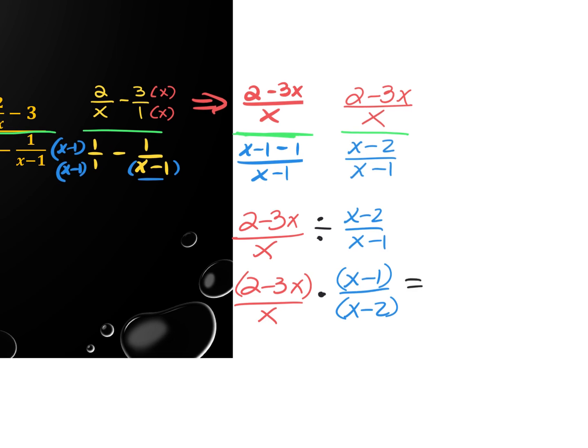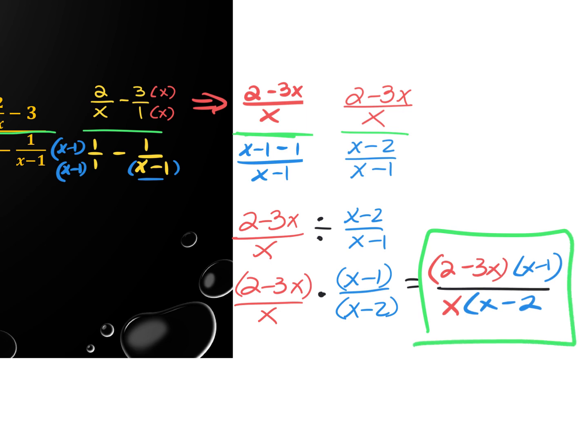So my final answer here, straight across the top, the 2 minus 3x times the x minus 1 over the x times x minus 2. So then it'll be the x times the x minus 2. Nothing simplifies. That's your final answer.